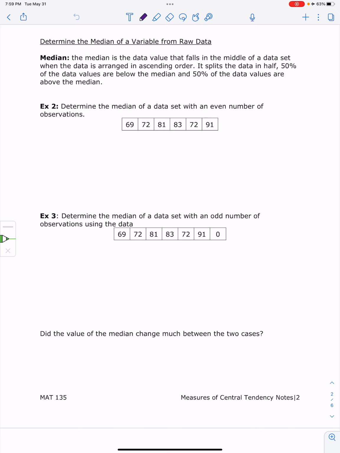This is page 2. On page 1, we talked about using the arithmetic average or the mean to describe a set of data. We are going to look at another measure of center that we use to describe a set of data. This is the median.